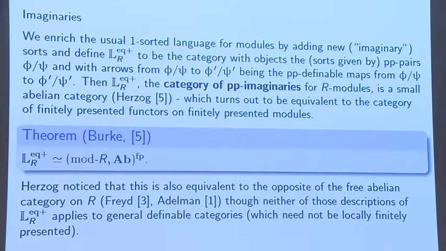Mod-R with a big M is a locally finitely presented category, so you're taking the finitely presented objects and then looking at the presheaf category. This is really just a presheaf category, except we've got Ab instead of Set, because we're in the additive world. So you're taking the finitely presented presheaves on the finitely presented objects.